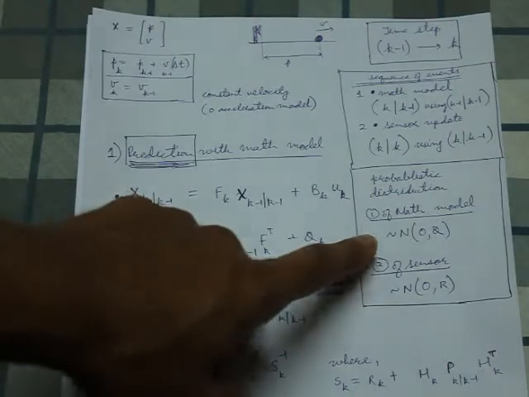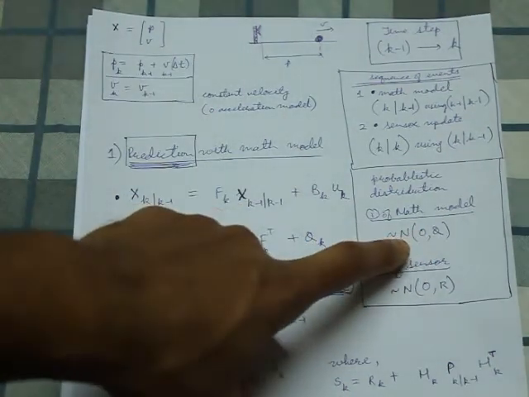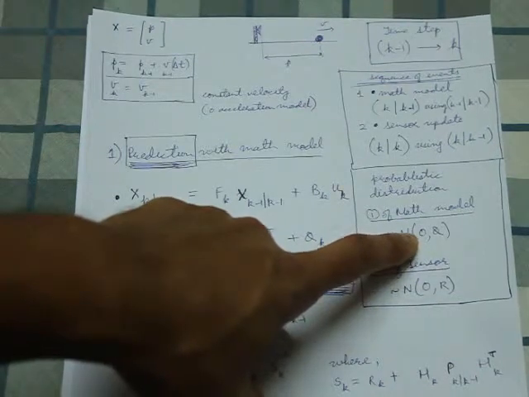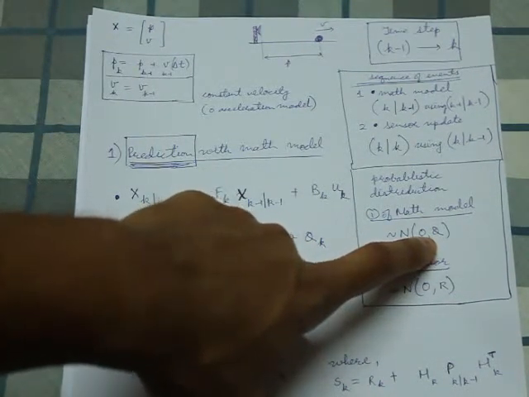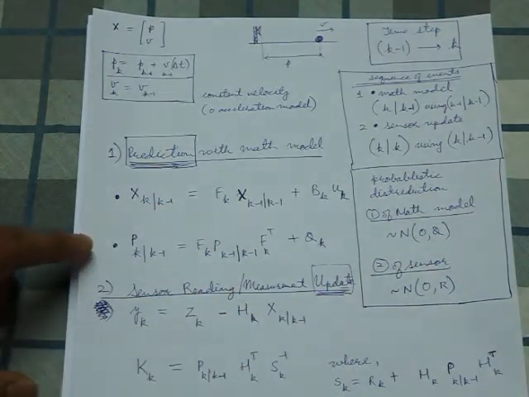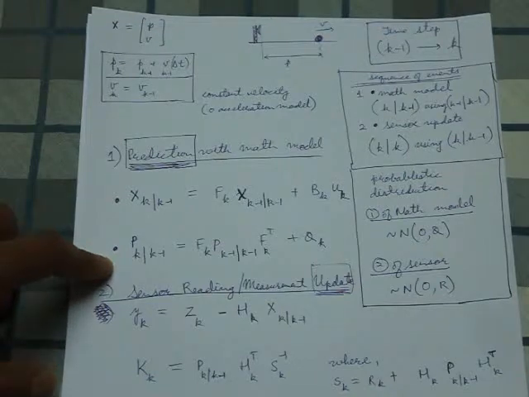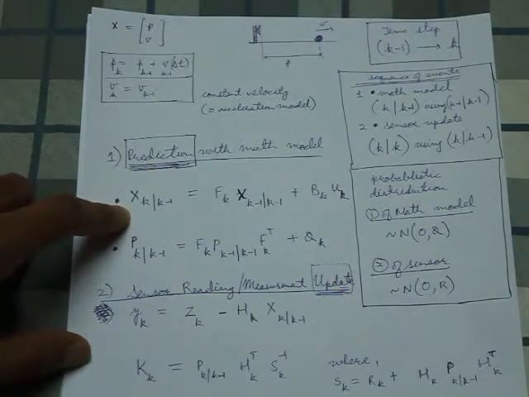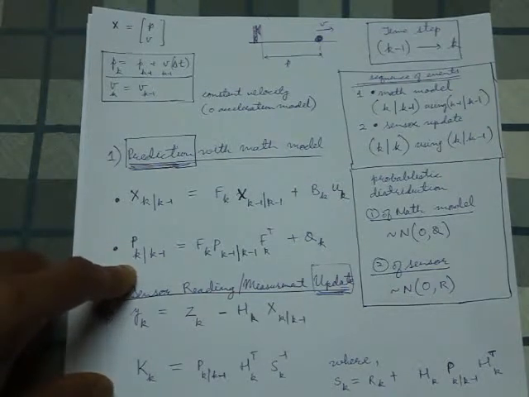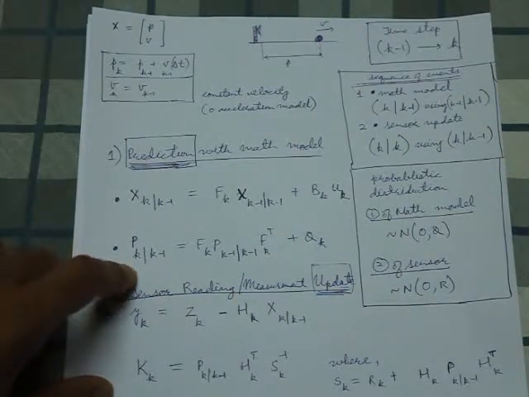It's given by another normal distribution, N(0, Q), where the mean is 0 and the variance is Q. This also has to be updated in each time step. With each time step that we move, we not only have to update the state value, we also have to update the corresponding certainty with which we know that such an update occurs.